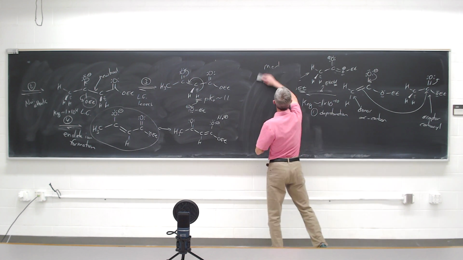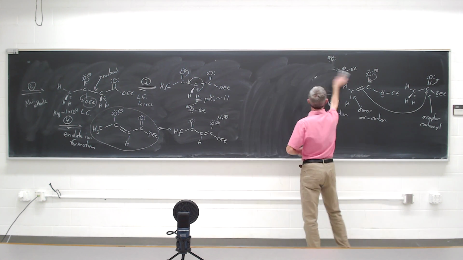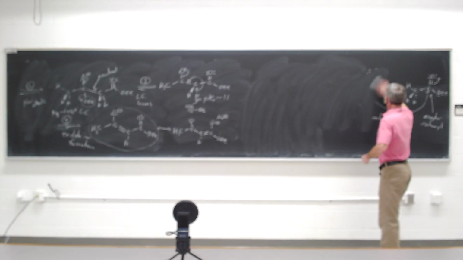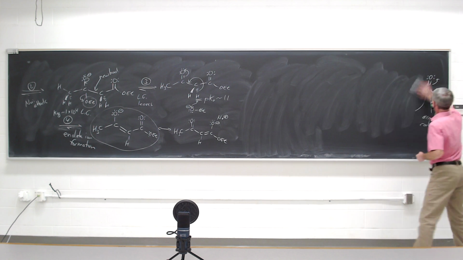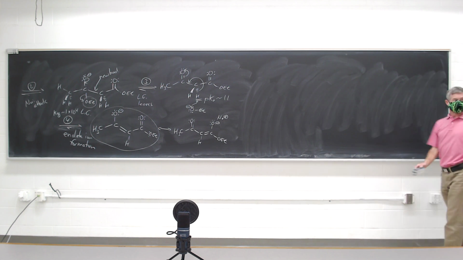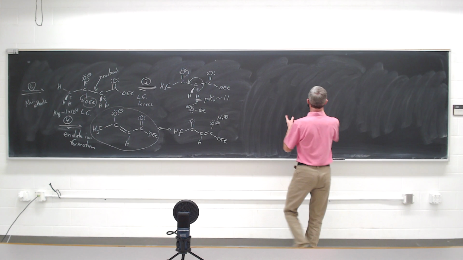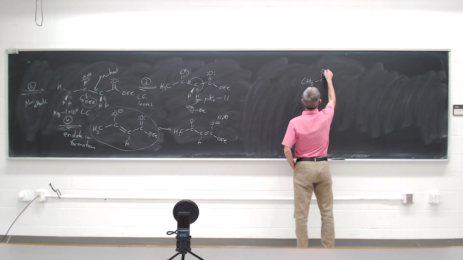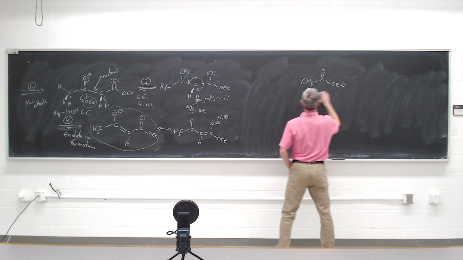So we wrote down that the product would be the beta keto ester. The product is the beta keto ester, but only after step 2 of the reaction. So if you were to write this reaction out, the reaction looks like this.